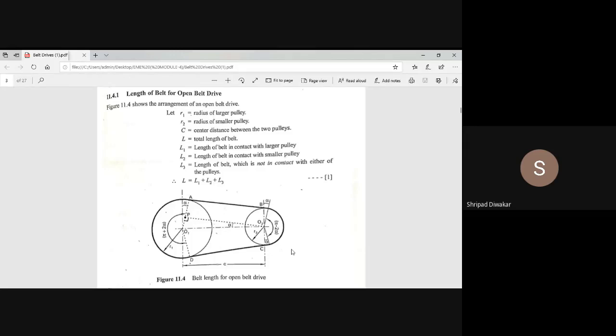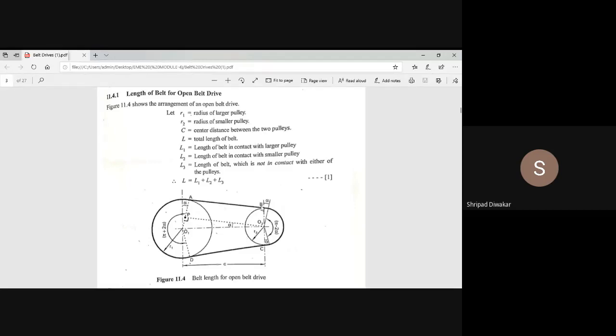And then after that, you have to mark the center point for both the circles. Here O1 is the center of your driver and O2 is the center point of the driven pulley or follower.